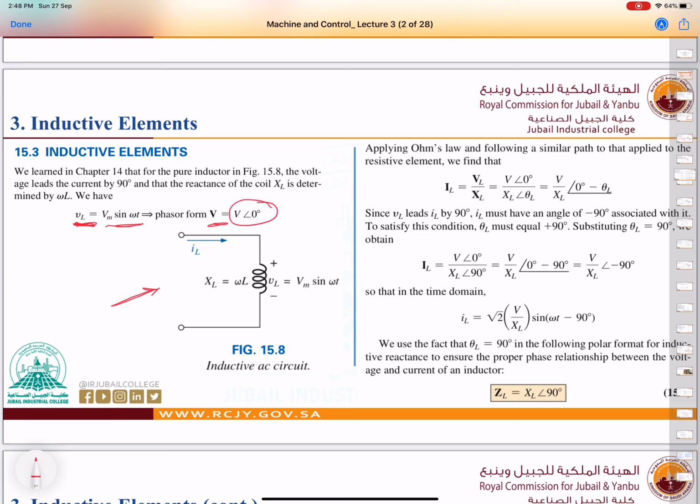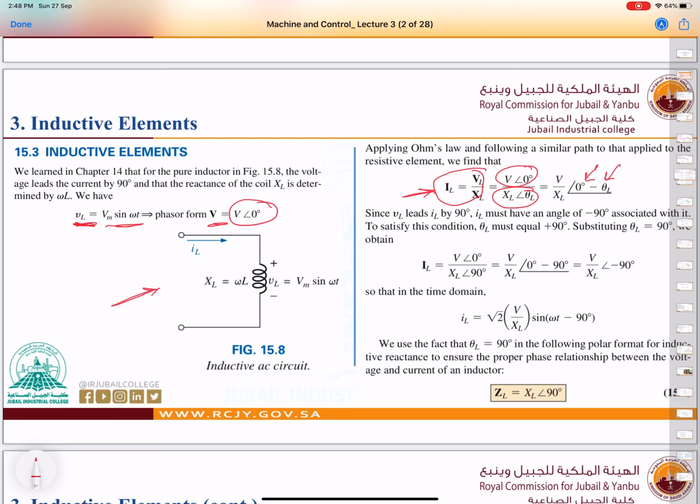Now if we apply Ohm's law here, we know that I is equal to VL over XL. VL is with angle and XL with an angle also. So the angle of the current is the voltage angle minus the XL angle.